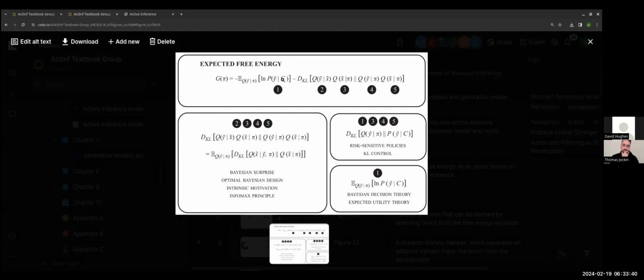Whereas if you drop pragmatic value and only have epistemic value, you have novelty maximization, infomax, etc. So this is a generalization on a bigger space of decision-making possibilities that run the gamut from arbitrarily pragmatic to arbitrarily epistemic and all of their mixtures.